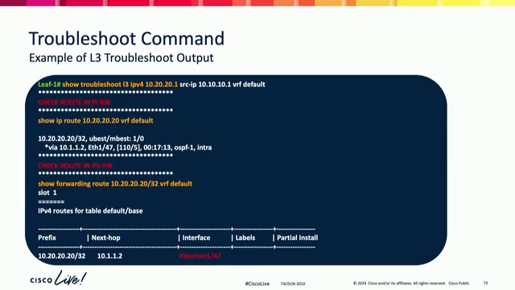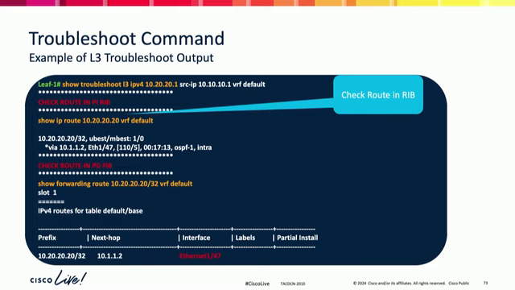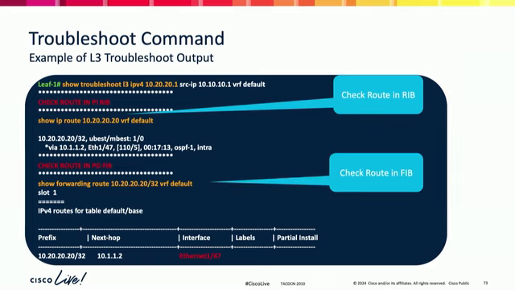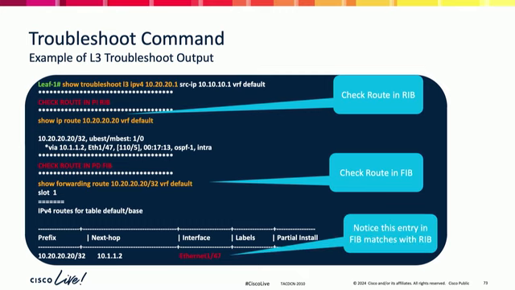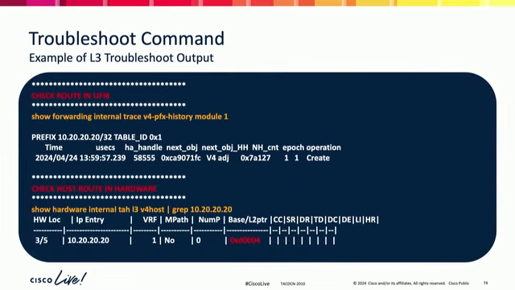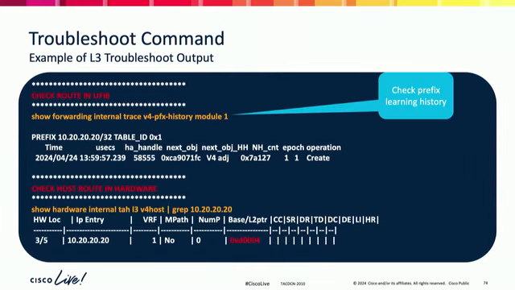You run a command show troubleshoot L3 and the prefix. The first command it's going to run is show IP route. Then it's going to check show forwarding route and make sure the software entry and hardware entry are correct. After that, it's automatically going to run the next command to check the V4 prefix learning history.